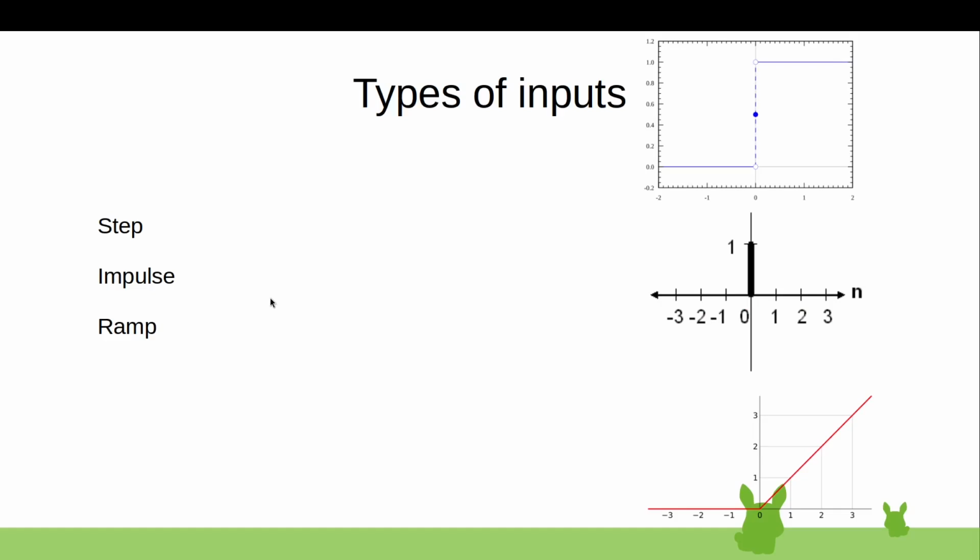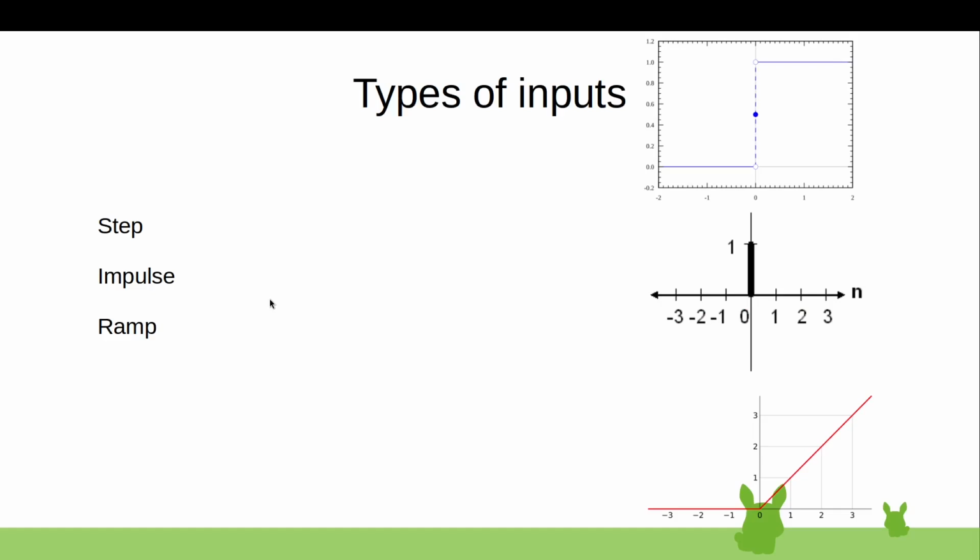I will quickly bring you towards general inputs that are used to gauge how a system acts in control, and that's a step, impulse, and ramp input. And really, the graphs speak for themselves.